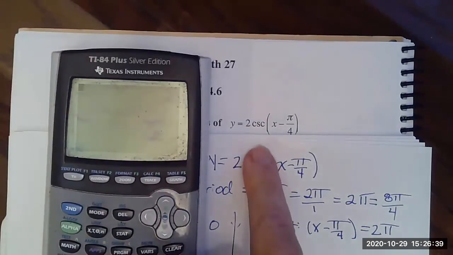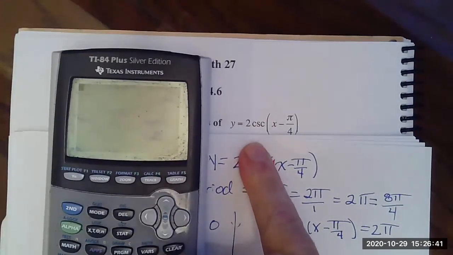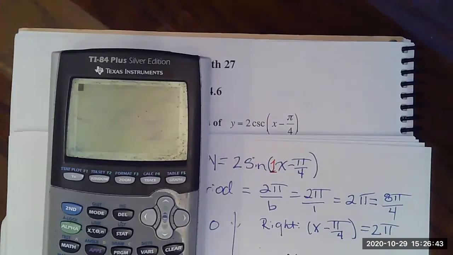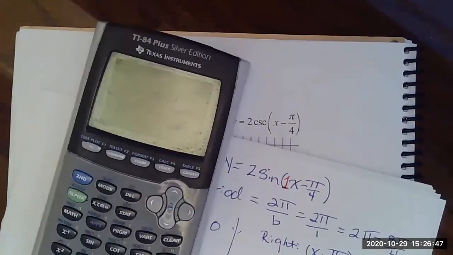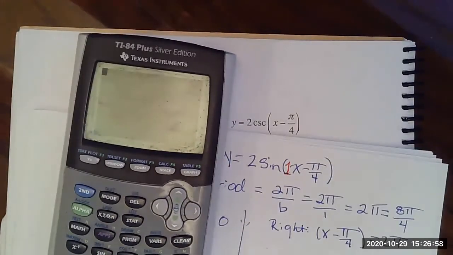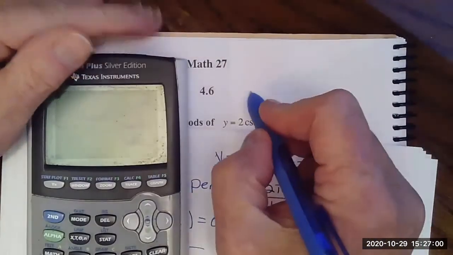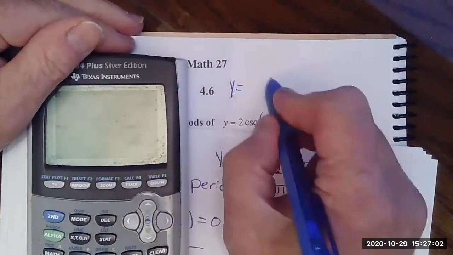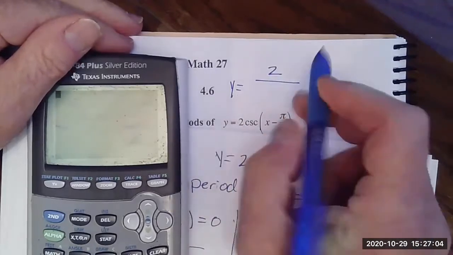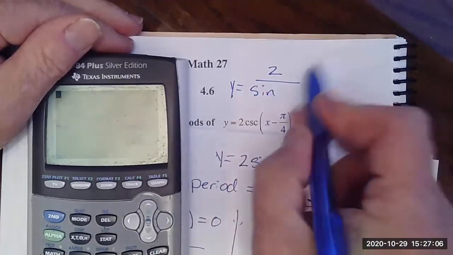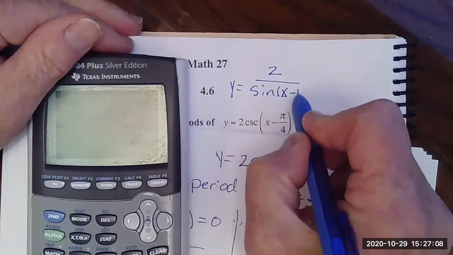Okay, I'm going to have to write that out. The 2, you're not going to make the 2 go down the denominator. The 2 doesn't go in the denominator, only the sine part. What I'm going to put in my calculator is y equals 2 over sine of x.